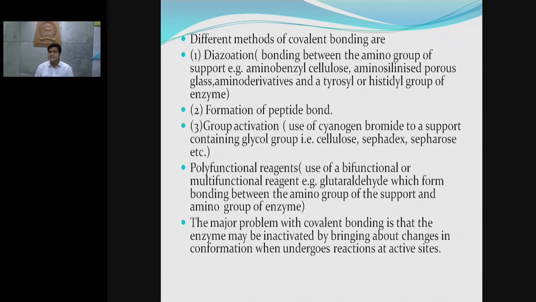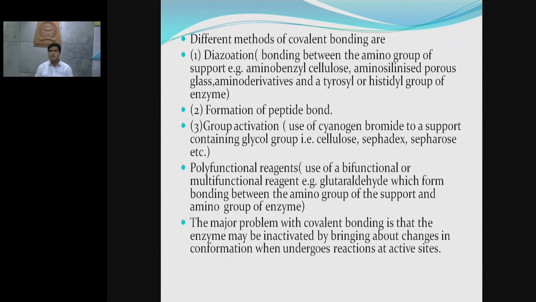Group activation is just the use of cyanogen bromide on a support containing glycol groups, especially cellulose, Sephadex and Sepharose, etc. We can also use polyfunctional reagents, which are bifunctional or multifunctional reagents. Predominantly glutaraldehyde is a very good bonding agent that can form polymerization of the enzyme. Glutaraldehyde forms bonding between the amino group of the support and the amino group of the enzyme.